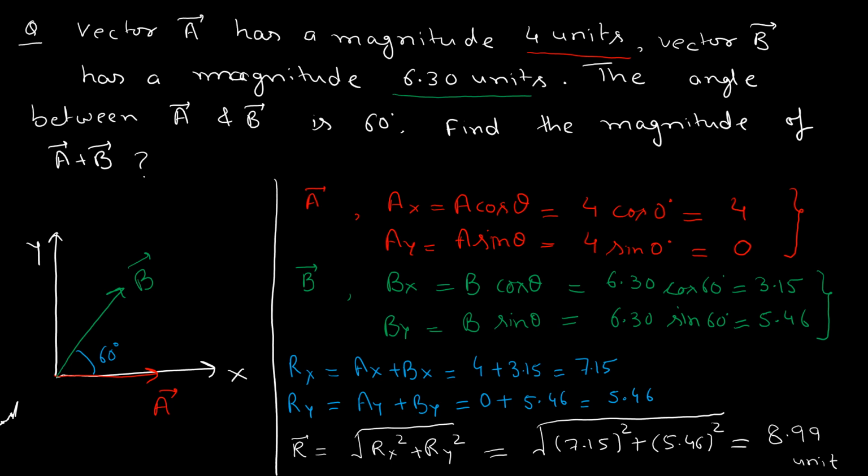So that is our answer. The magnitude of vector A plus vector B is 8.99 units.